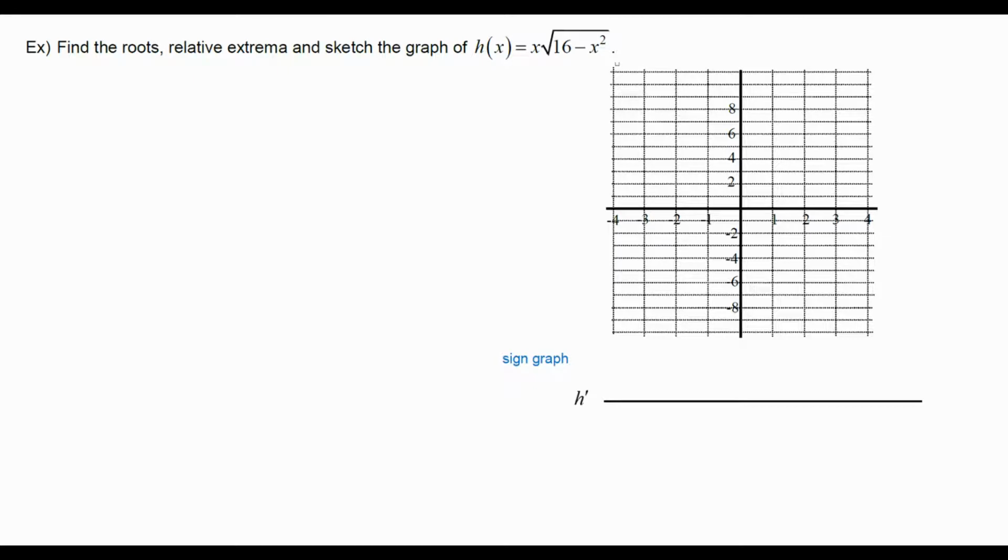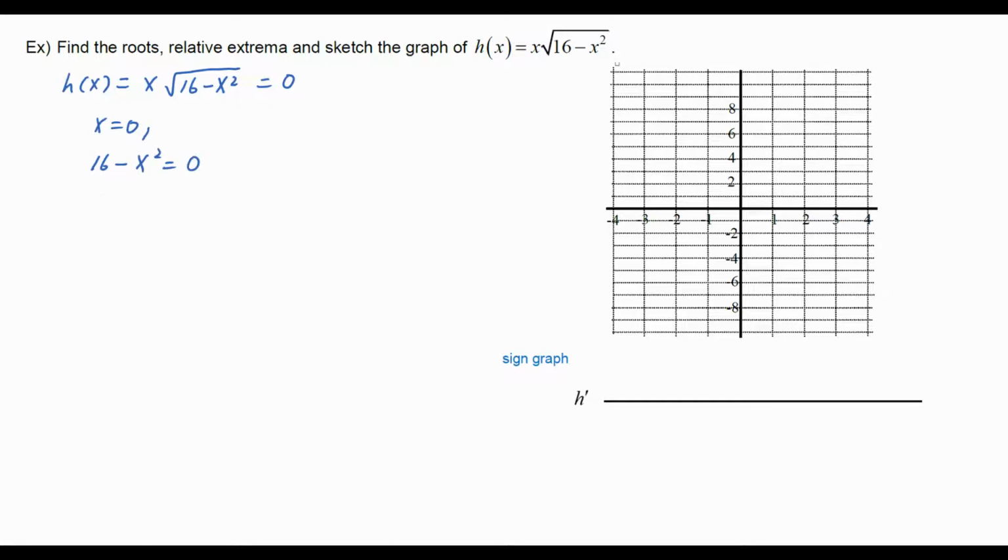Find the roots, relative extrema, and sketch the graph of h of x equals x times radical 16 minus x squared. So to find the roots, we're gonna set h of x equals 0. So h of x, which is equal to x times square root of 16 minus x squared, equals 0 if x is 0, or square root of 16 minus x squared is 0, if 16 minus x squared equals 0.